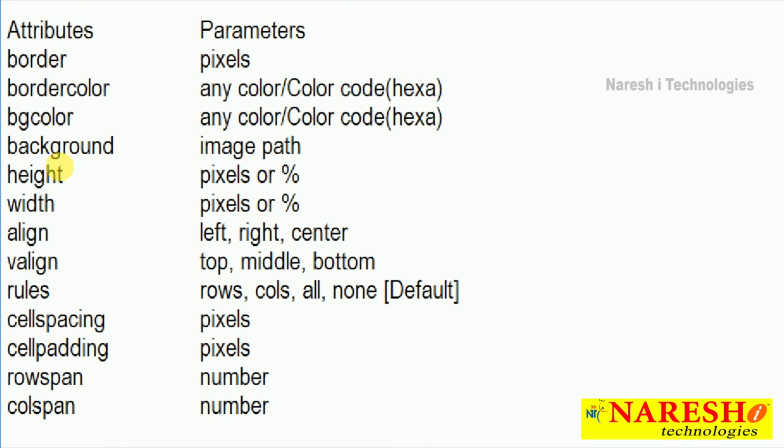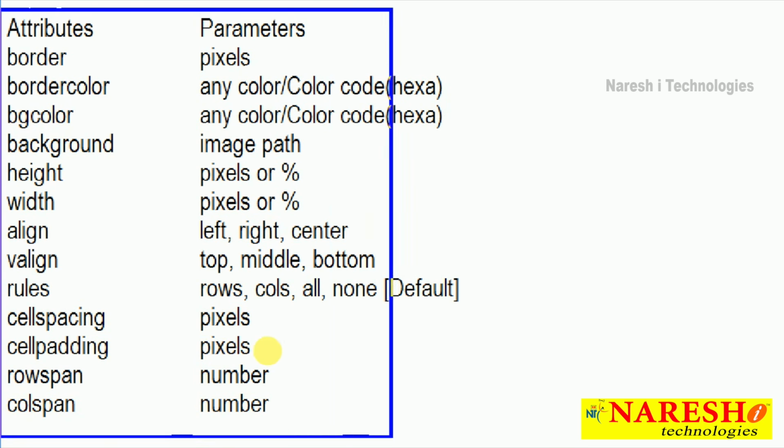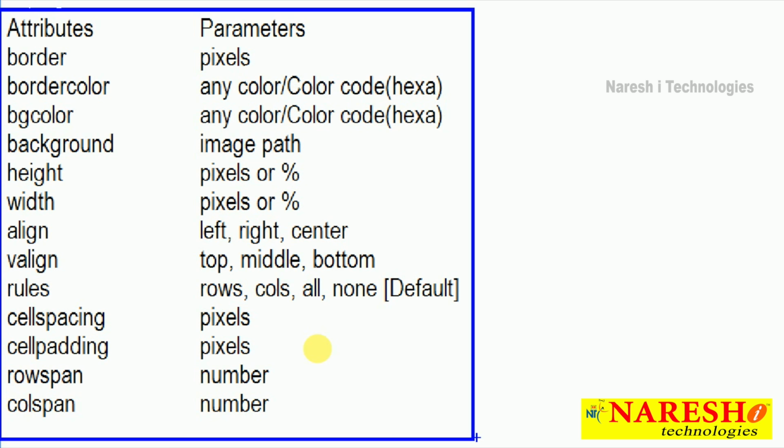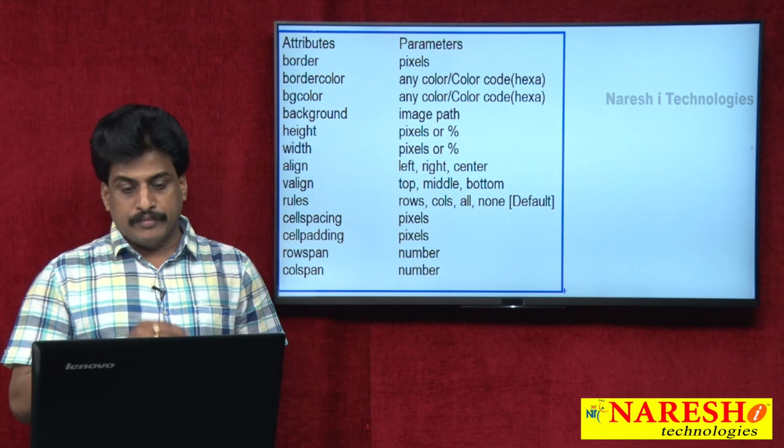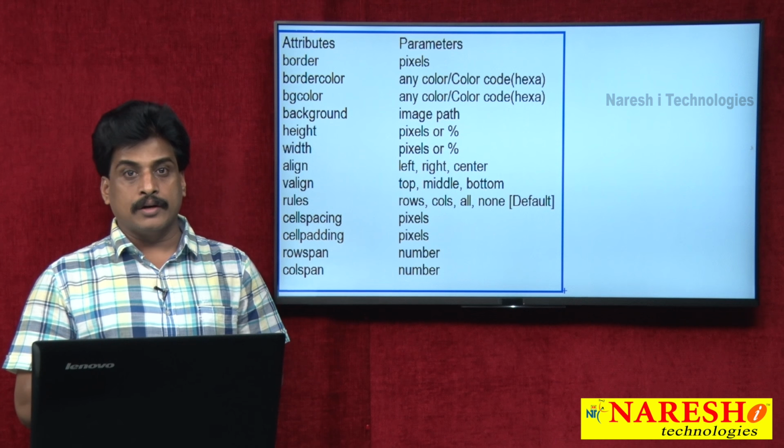One by one we can observe all of them. Border, in pixels; border color, any color name or color code; BG color, any color or color code; background, image path; height and width, in pixels or percentage; align, left, right, center; V align, vertical align, top, middle, bottom; rules, rows, columns, none and all, by default none; cell spacing, cell padding; row span, col span. We will cover all these attributes in this video session, and every example will be understood very clearly.